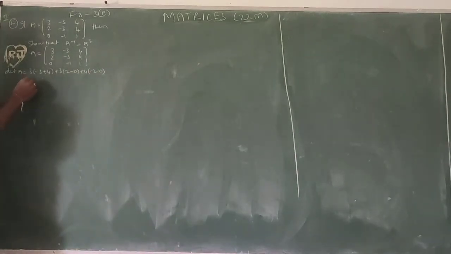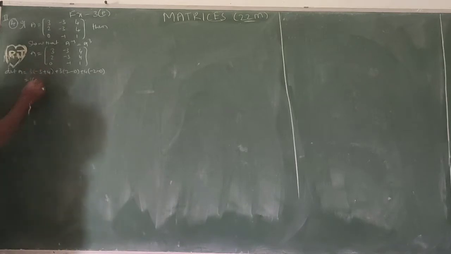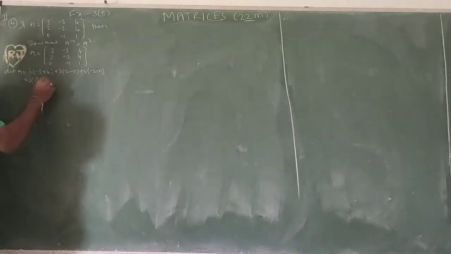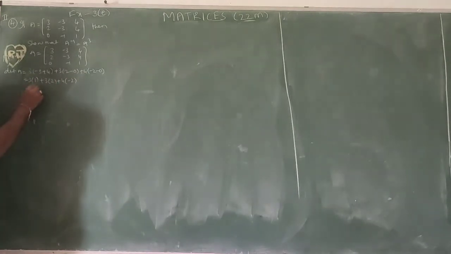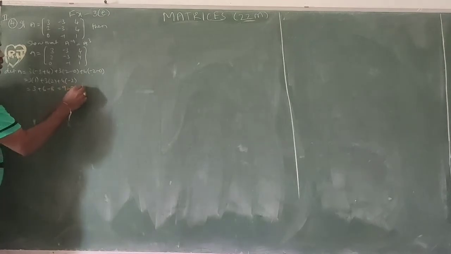Okay, 3 of (-3 plus 4) is 1, plus 3 of (2 minus 0) is 2, plus 4 of -2. 3 into 2 is 6, 4 into -2 is -8, 3 plus 6 is 9, 9 minus 8 equals 1.